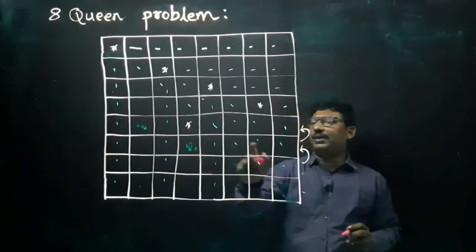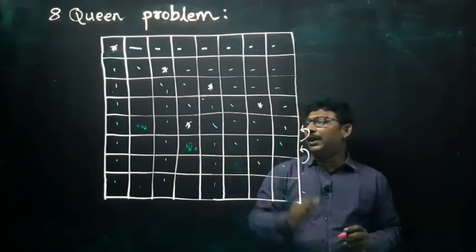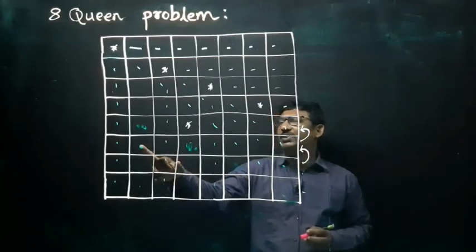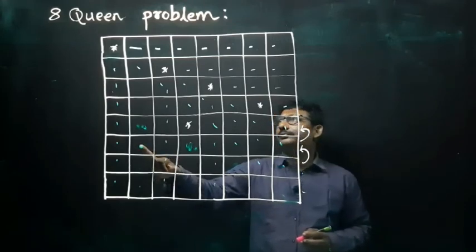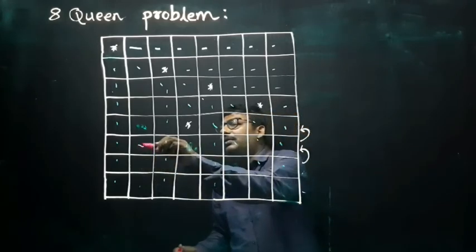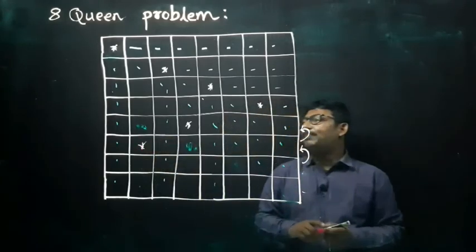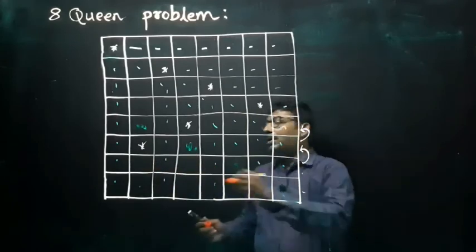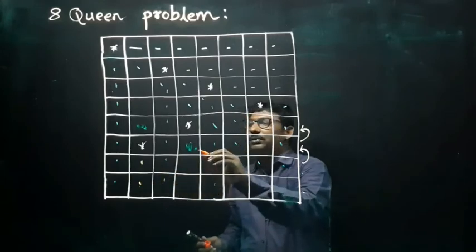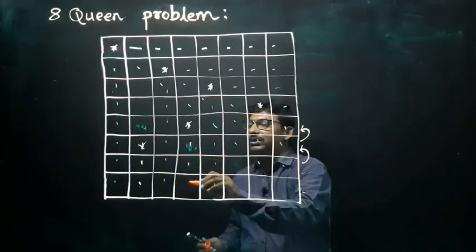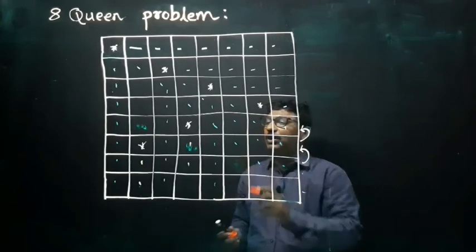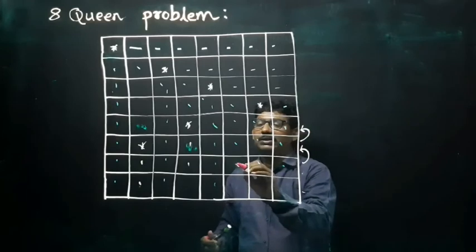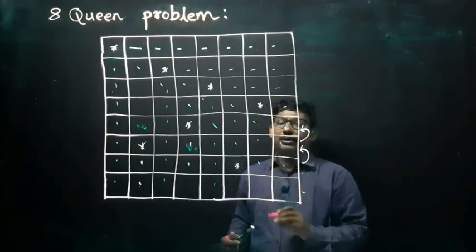Again you have to go for the next position. Let's check the next position. The next possible position is this one. So we can keep here, and the next possible solution is, this is gone, this is gone, this is gone, this is gone, and the next possible solution is this one or this one.